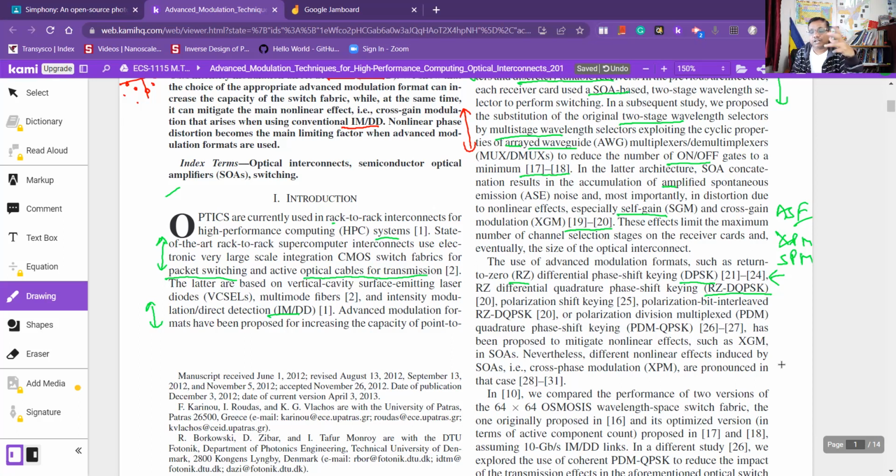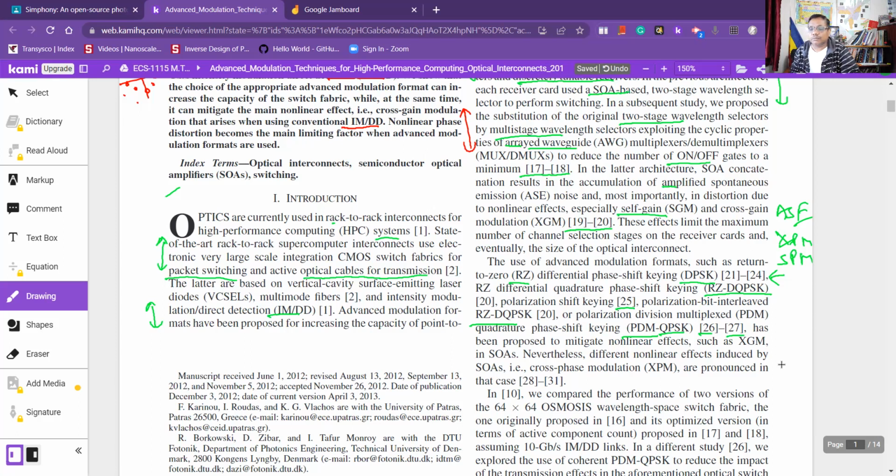Then again, polarization shift key, 25. The polarization bit interleaved RZ, that is return to zero, differential quadrature phase shift key. Another, polarization division multiplexed quadrature phase shift key. In this, multiplexing as well as advanced modulation format have been used, which is given in 26 and 27, has been proposed to mitigate non-linear effect.